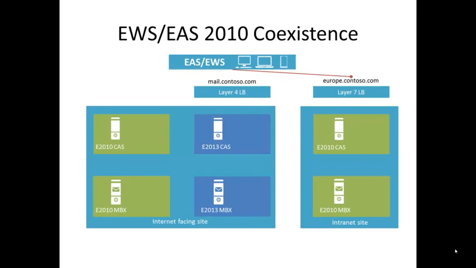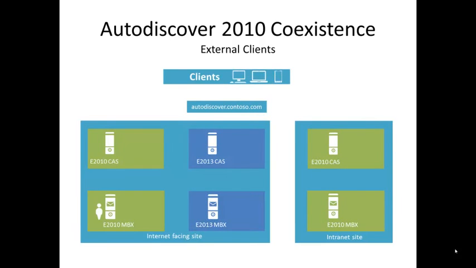And here again, since europe.contoso.com will be configured on the virtual directories, we will access this FQDN directly without the mail.contoso.com. And if we don't configure it, then we will use mail.contoso.com and the request will be proxied directly to the Exchange 2010 client access server.